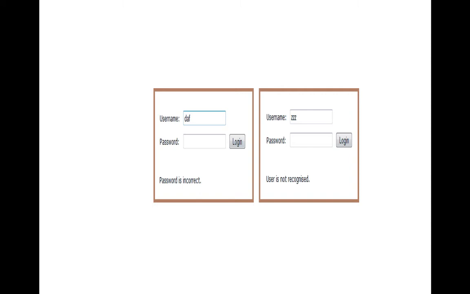For example, a password is intentionally incorrect, but the verbose failure message says the password is incorrect. So literally, you are pointing to the password credential which is incorrect. Similarly, a message saying the user is not registered or not recognized.